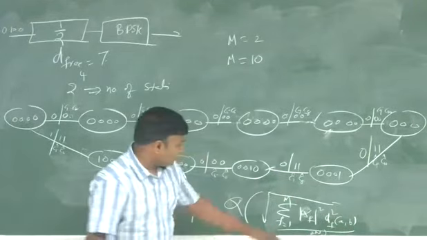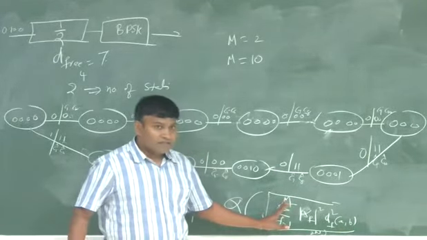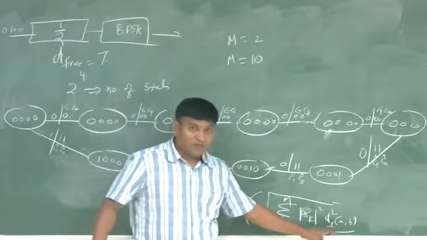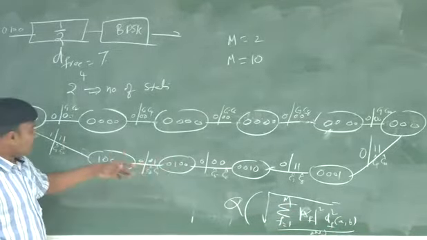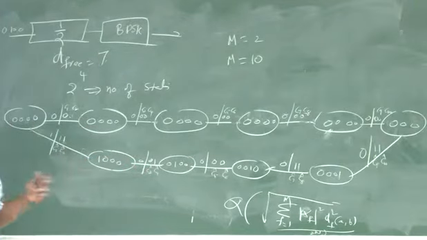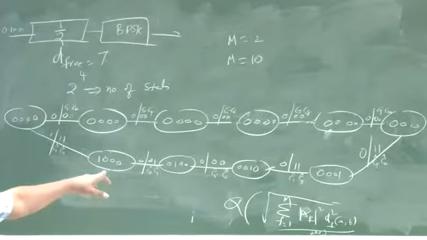I want you to tell me the diversity order and the corresponding Hamming weights, or the Euclidean weights, in this case binary. Euclidean Hamming weights are the same from this description of the first event error paths. Given m equal to 2 and m equal to 10.